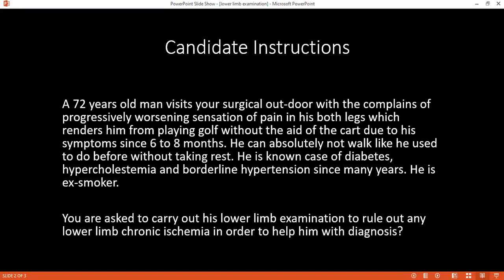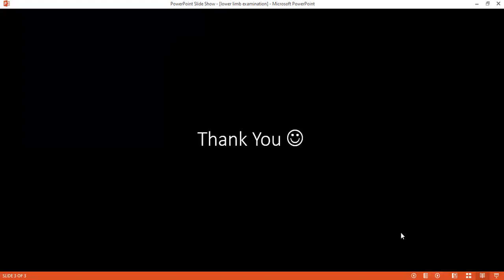It's important to say when the ABPI is less than 0.4 at rest or pain at rest. Then it is critical. Right. Okay, good. Thank you. Thank you, ma'am.